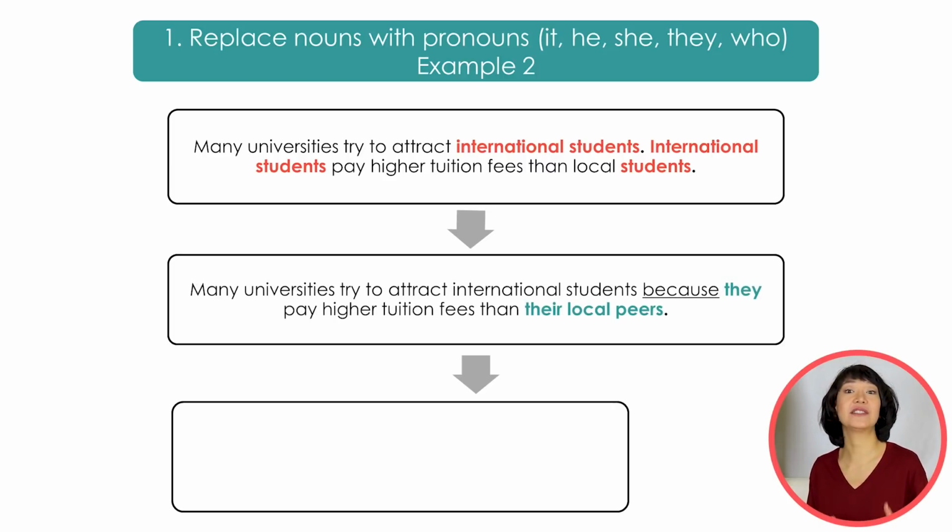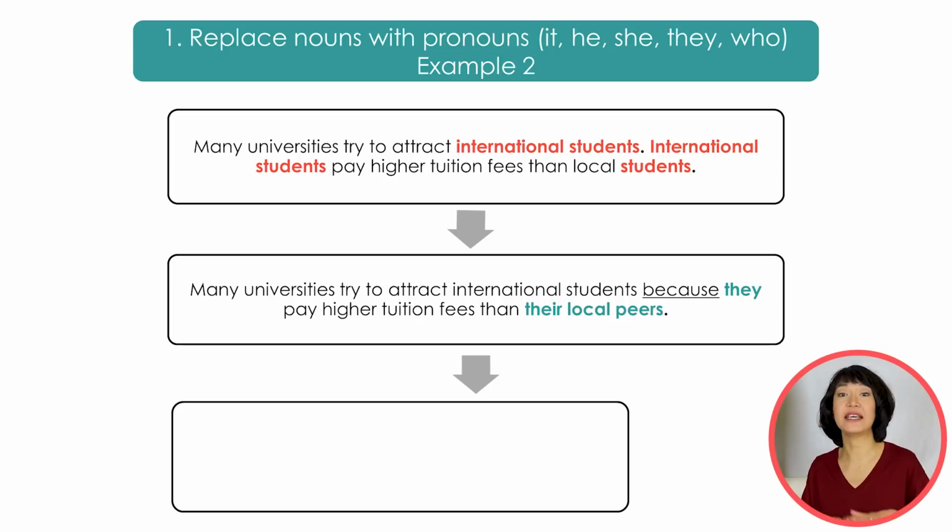Many universities try to attract international students because they pay higher tuition fees than their local peers. Here we're given a reason why universities want more overseas students, and I've replaced international students with the pronoun they and local students with their local peers.